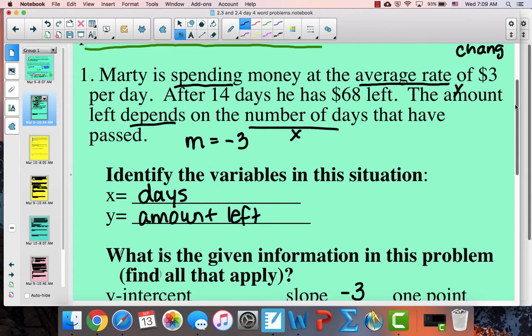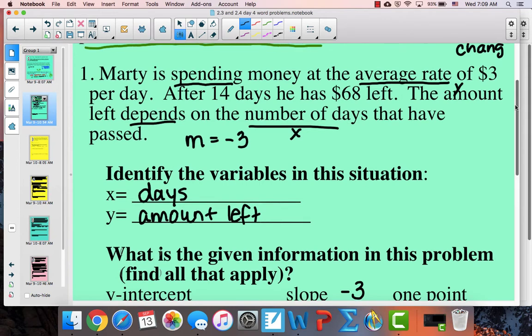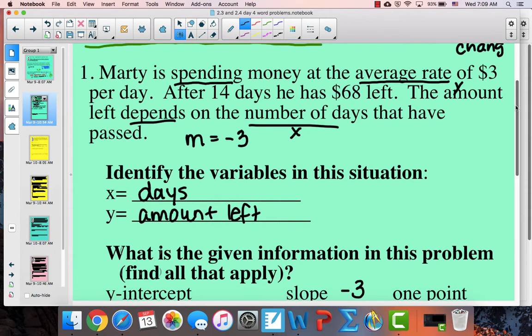All right, so now I've got my variables. I know what my slope is, but now all I have is after 14 days, he has $68 left. Okay, so that's a relationship at some point in time. So if x is my days and 68 is the amount left, I can write that as a coordinate point, (14, 68).